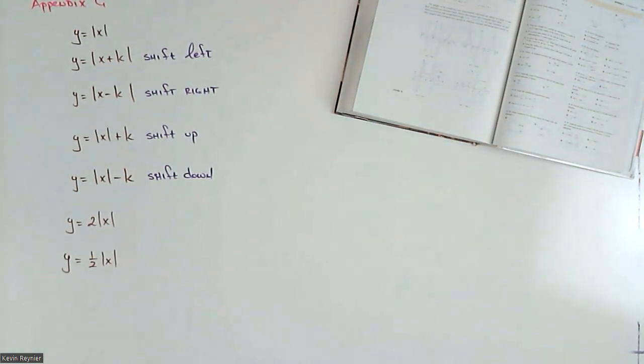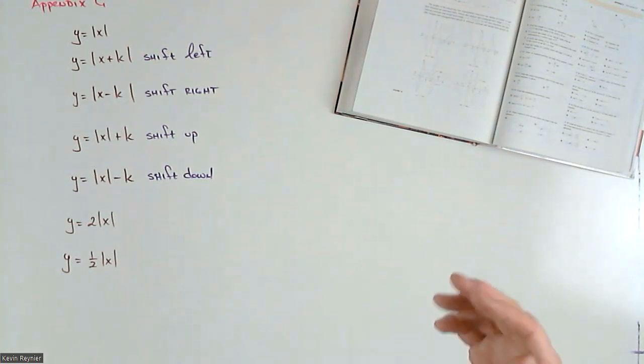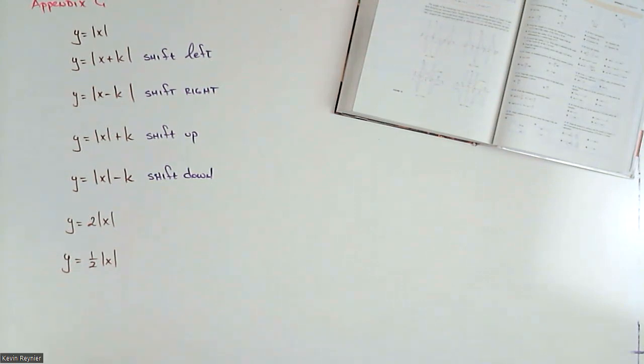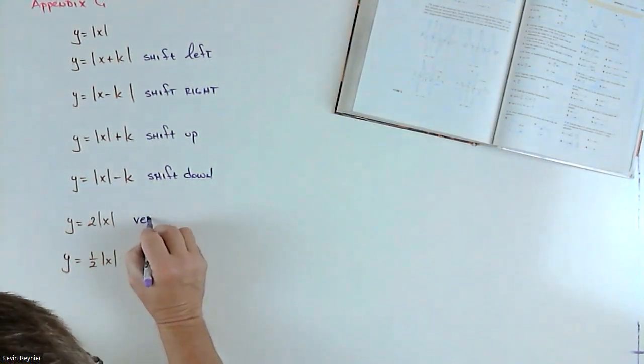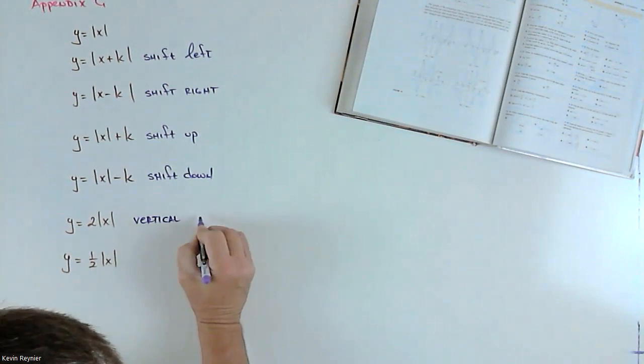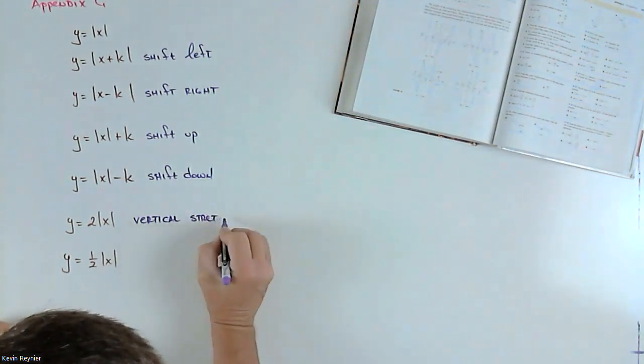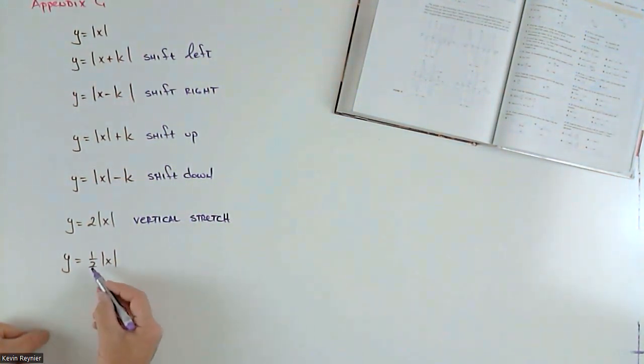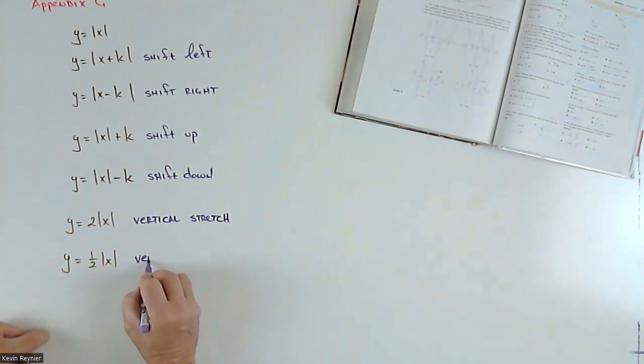Now, if we multiply by a number on the outside, and the number is greater than 1, then we said in pre-calc that it stretches our graph vertically. So maybe you talked about it as a vertical stretch. If we do it this way, this is a vertical compression.